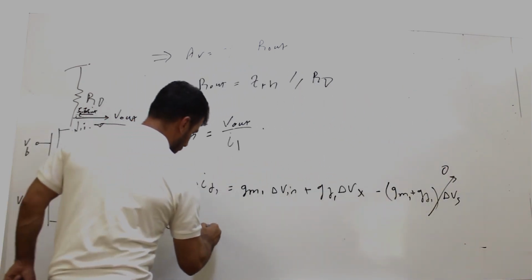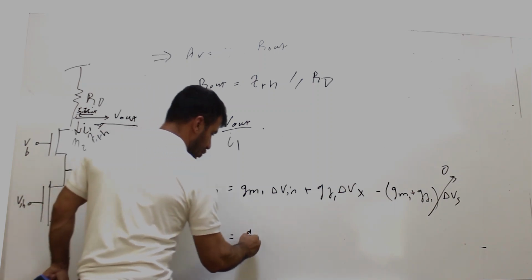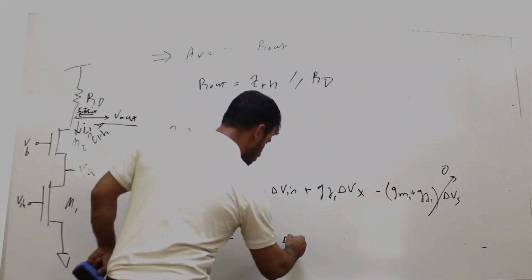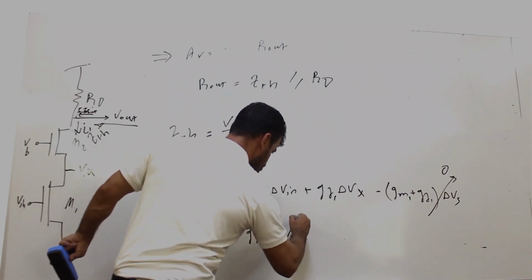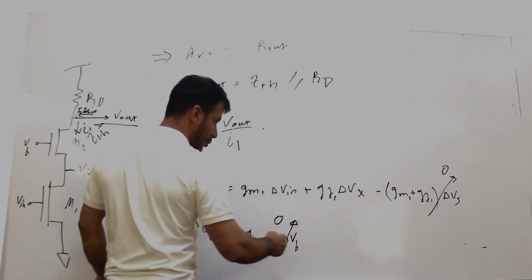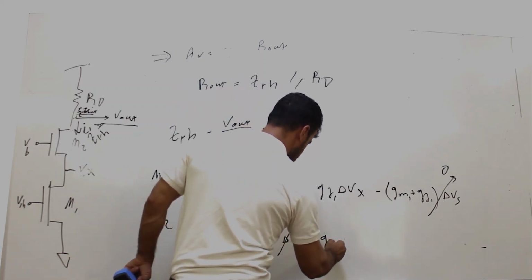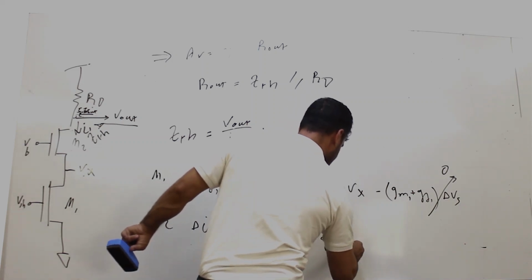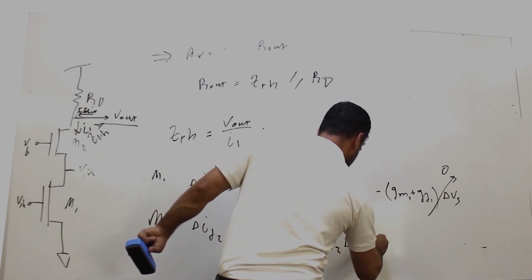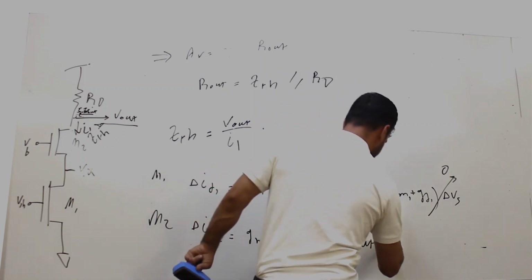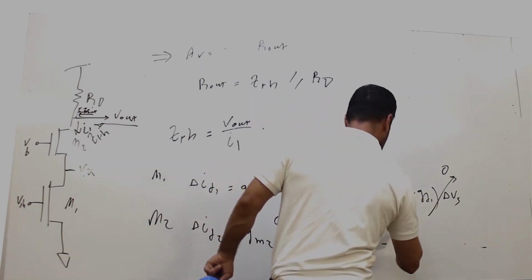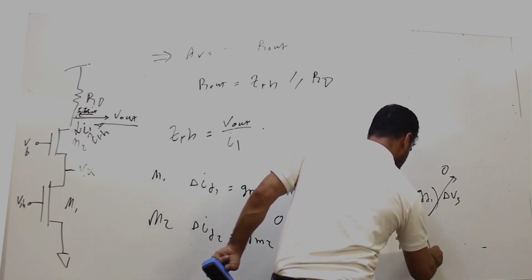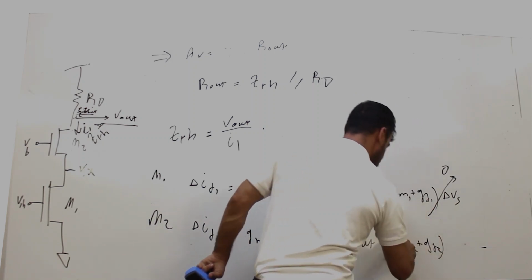M2: delta ID2 equals GM2 delta VB, and this is constant so it is 0, plus GD2 delta V output, minus (GM2 plus GD2) delta Vx.